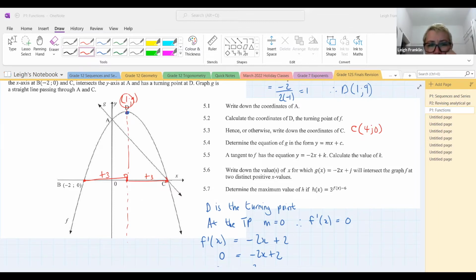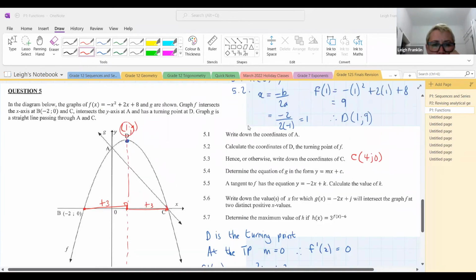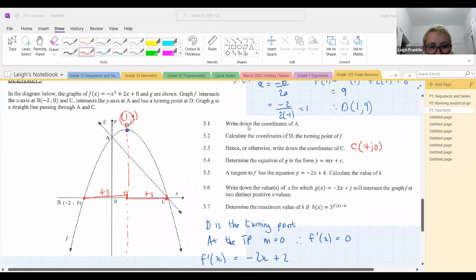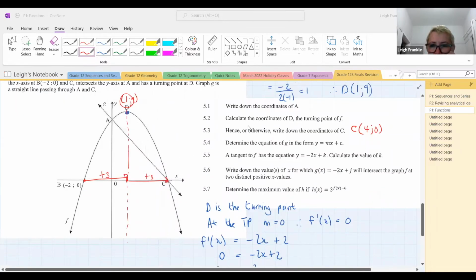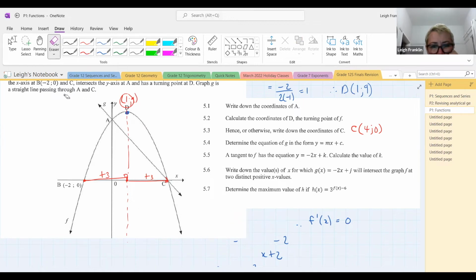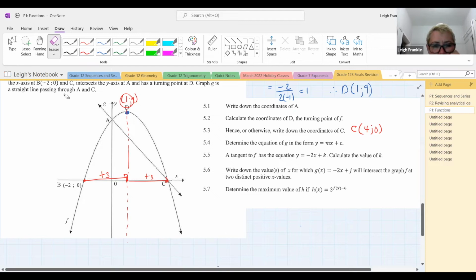Okay, determine the equation of G in the form y equals mx plus c. So how are we going to do that? What do you guys think? How are we going to work out the equation of G? What do they want from us?